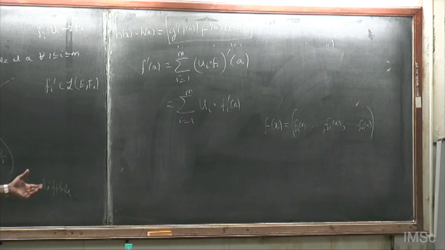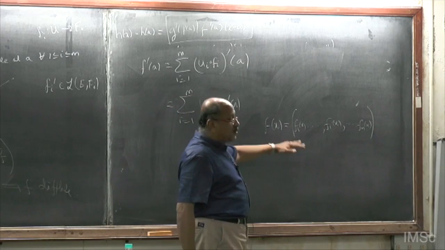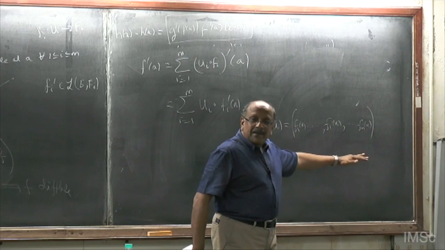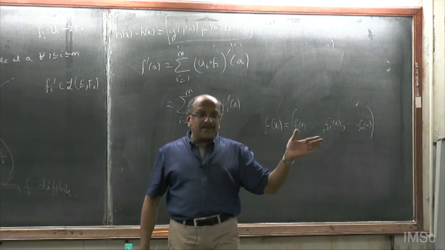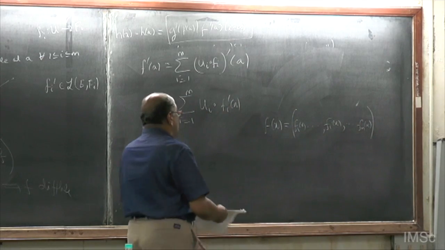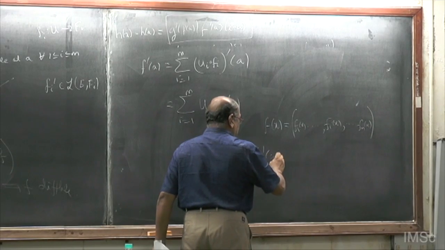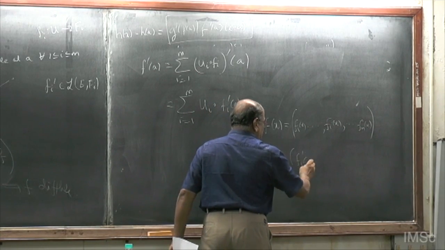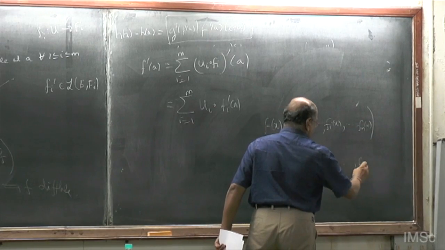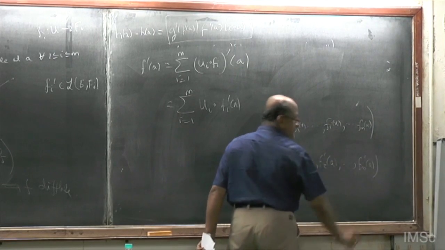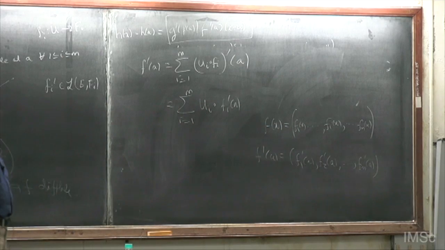So, when you have a mapping which goes into a product space, all I am saying is it is differentiable if and only if each coordinate mapping is also differentiable, and the derivative f dash of a is nothing but f1 dash of a, f2 dash of a, fm dash. What does this mean?